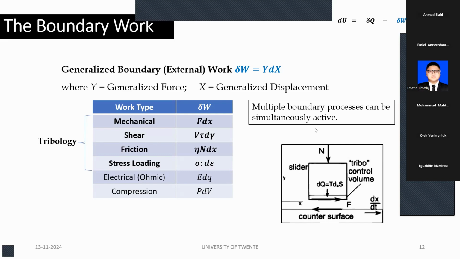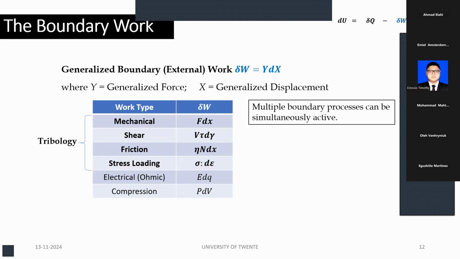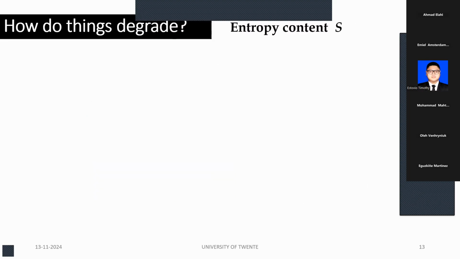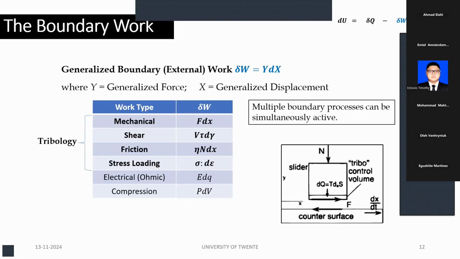And sometimes you can have multiple processes happening at the same time. So when we define the work, it doesn't always have to be just one of them. It can be multiple processes happening at the same time. In that case, you would have to add them all together to get your total work done. Okay. And at the bottom here, you have electrical work and compression work, which you would find in other systems.